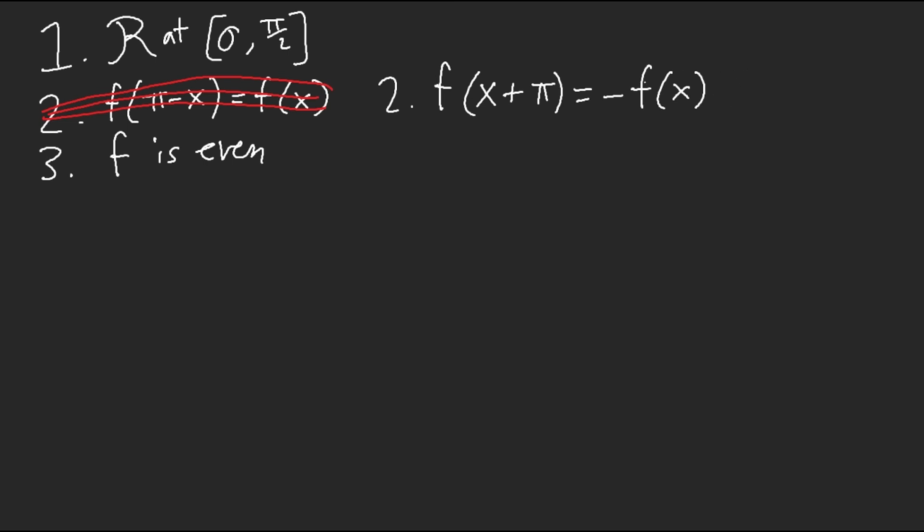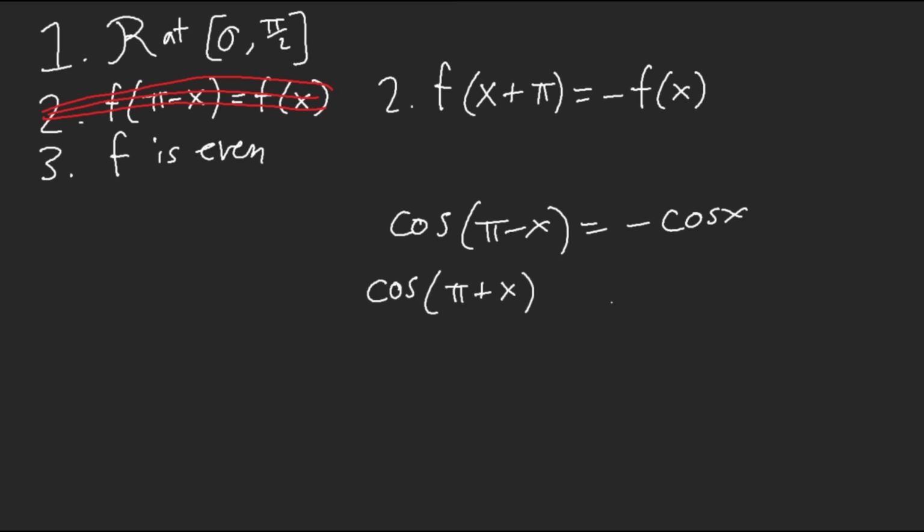Because remember, cosine of pi minus x equals negative cosine of x. If we apply the same thing for pi plus x, cosine of pi is negative, so we get negative cosine of x as well.